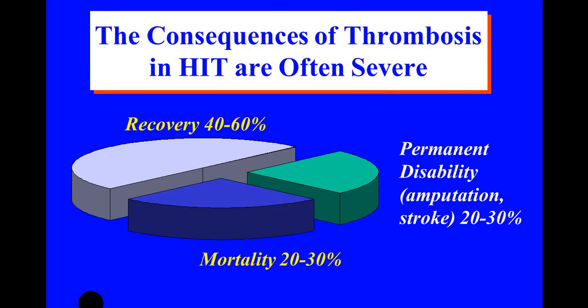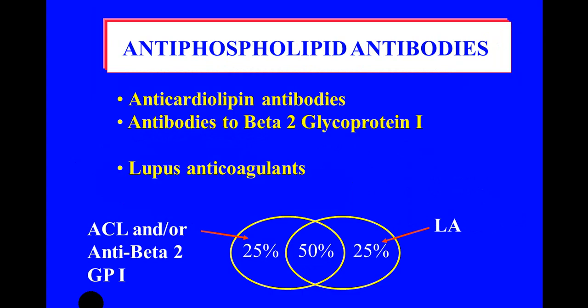The consequences of thrombosis in HIT are often severe: about 60% recovery, mortality about 30%, and permanent disability can end with amputation in around 30%.